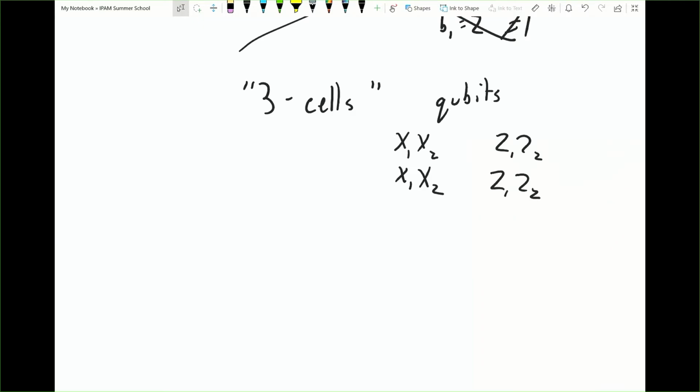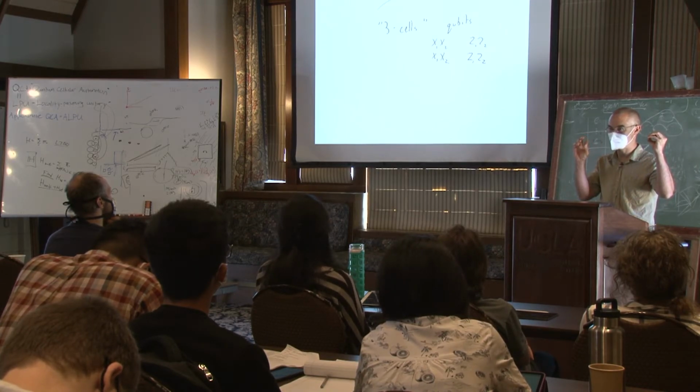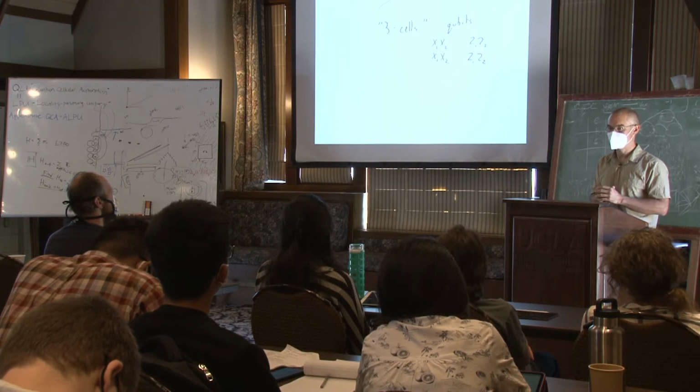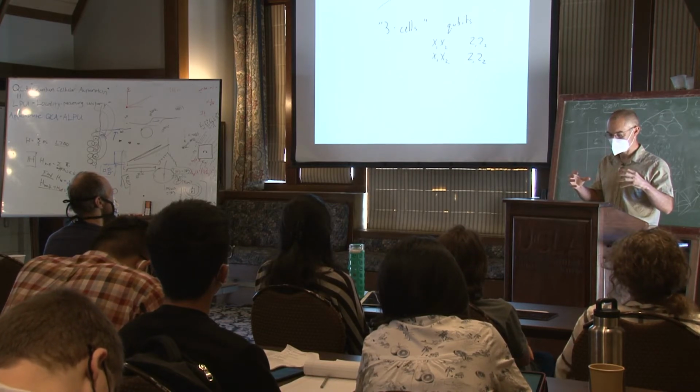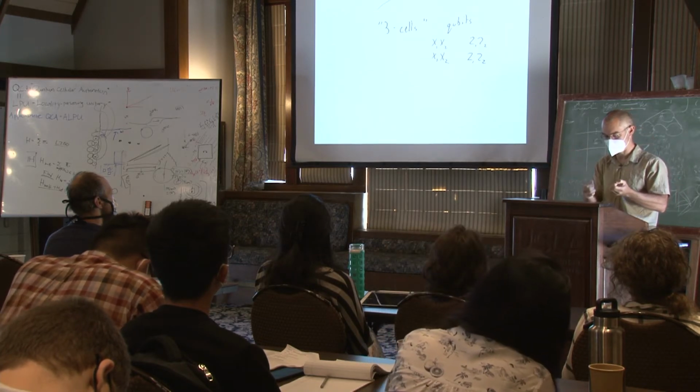After you do the first step, for each of those 2 checks, X1 X2 and the other X1 X2, I'm going to have some S2 somewhere. And for each of the 2 qubits, I need an S3 with 2 punctures, and then I'll glue those 2 punctures onto the 2 checks.